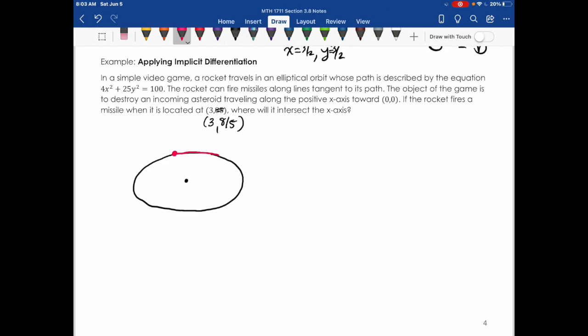When it fires the missile, the missile travels on the tangent line. So if it's at this point and it fires, the missile is going to travel this way. And so these asteroids are coming in this way, and the rocket is trying to shoot them down.